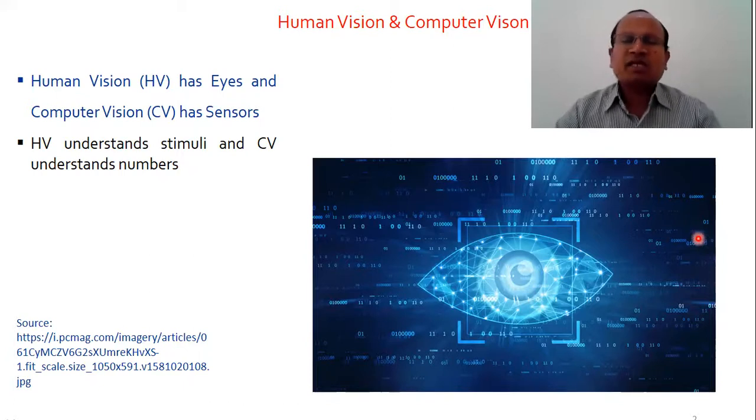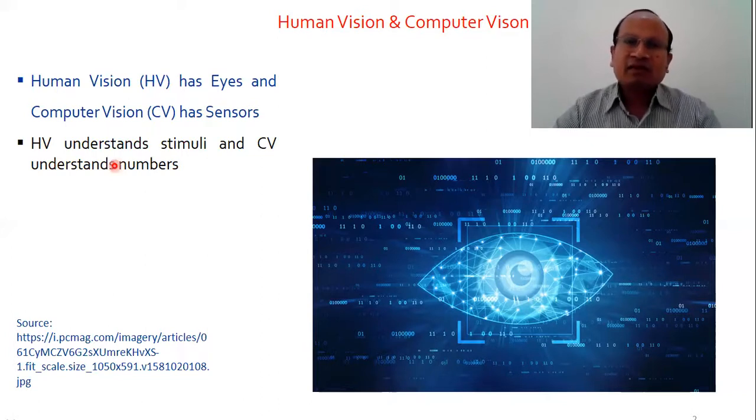Because when images or videos are stored inside the computer, the data is stored in the form of pixel values, grayscale values, which are always some numbers. So in computer vision, we use sensors to capture and collect the data, whereas in human vision, human eyes are used to sense the information.